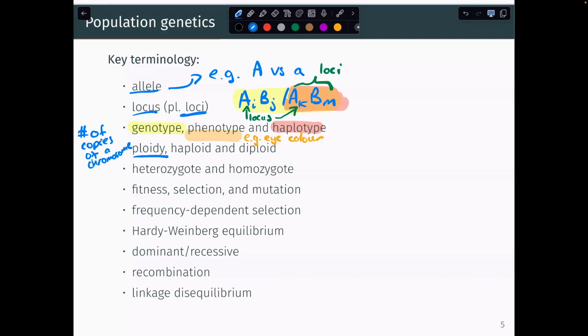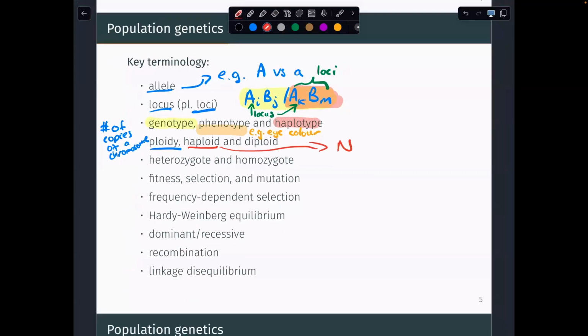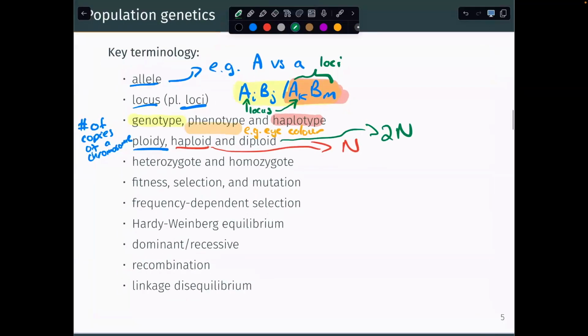Usually we refer to the number of chromosomes as N. So haploids usually have N chromosomes just by convention, whereas diploids have 2N, triploids 3N, tetraploids 4N, and so on. If you happen to see this in a textbook, this is probably the notation you'll tend to see.